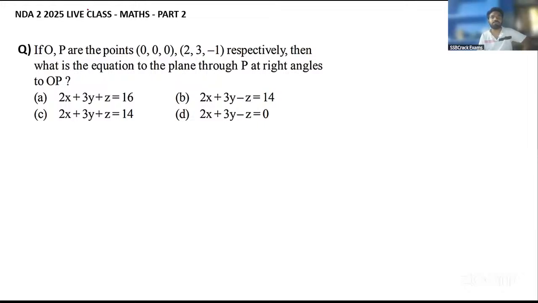It is saying that if O and P are the points given as 0, 0, 0 and 2, 3, minus 1, then what is the equation of the plane through P at right angle to OP?